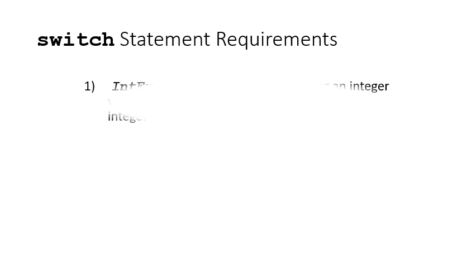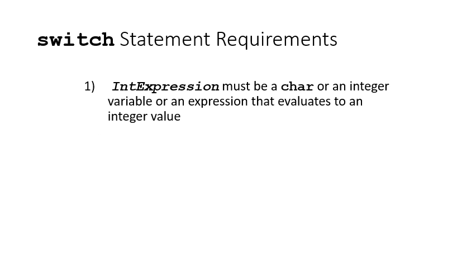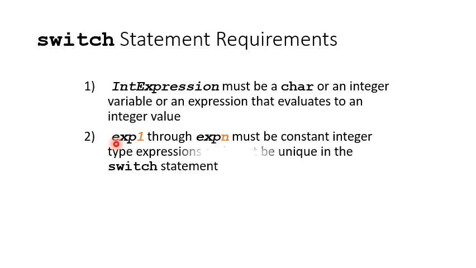Switch statement requirements. First, you need to have your integer expression. It must be a char or an integer variable, or an expression that evaluates to an integer value. So it could be a character or an integer variable. Next, expression 1 through expression n must be constant integer type expressions and must be unique in the switch statement.